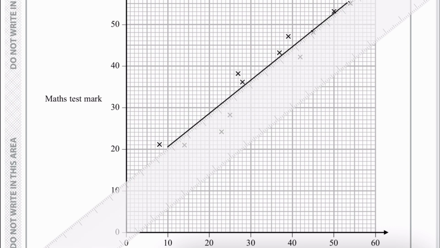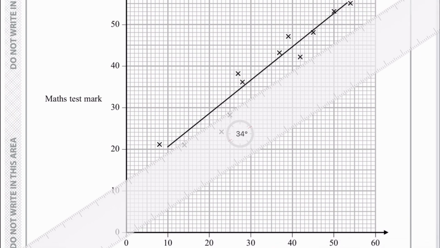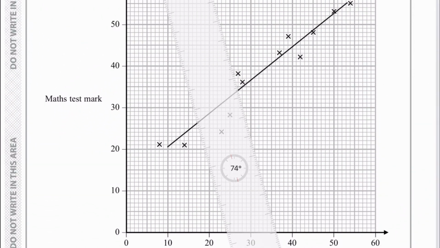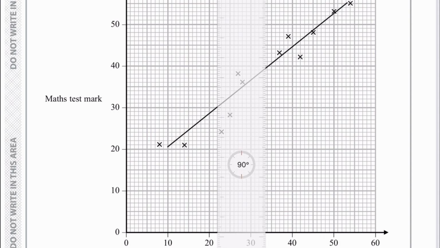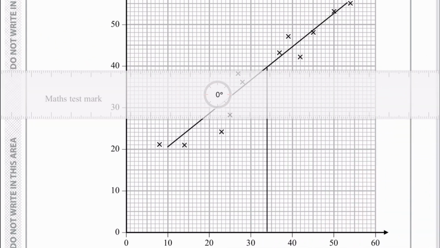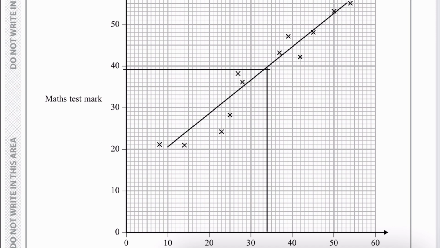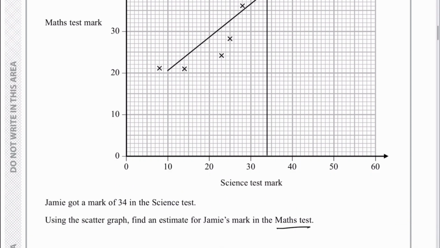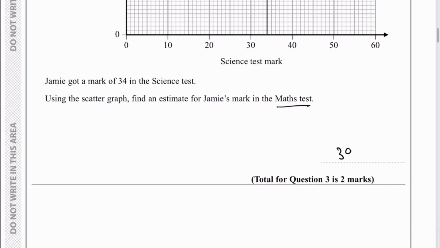So he scored 34 on his science test, so what I would do is take 34 from here, take it up to the line of best fit, and then take it across, and that gives me, I think, something like about 39 in his maths test, and that would be perfectly fine for this one. So all you would do is simply write 39 in the answer part at the bottom there.